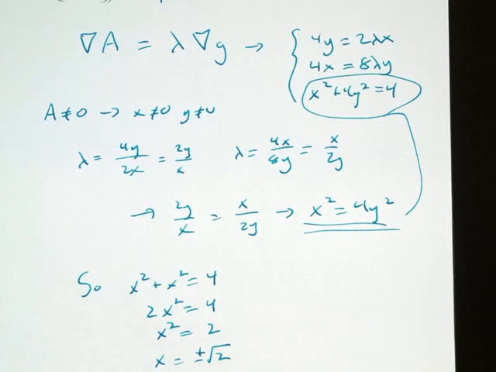If I set the 4y squared equal to the x squared, I get x squared plus x squared equals 4. So x squared is 2, and that makes x plus or minus root 2, except I really only get one value. Why? Why do I only keep the positive one?